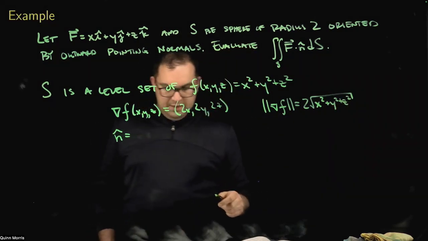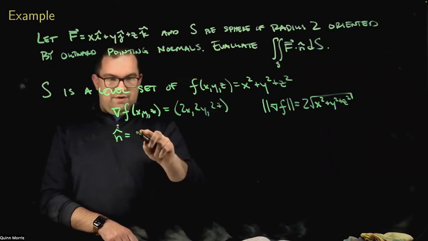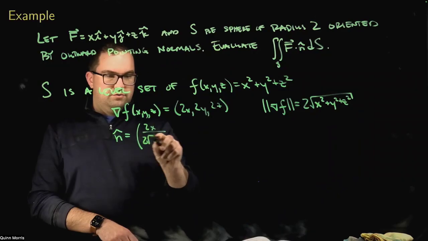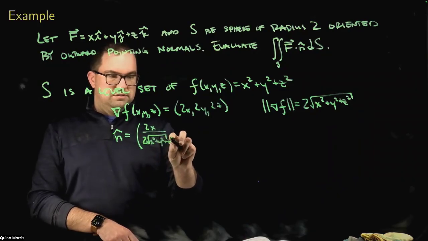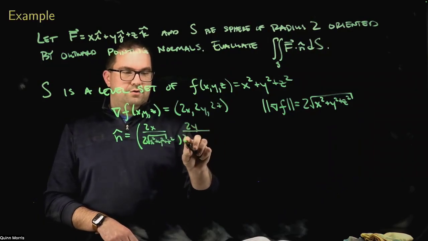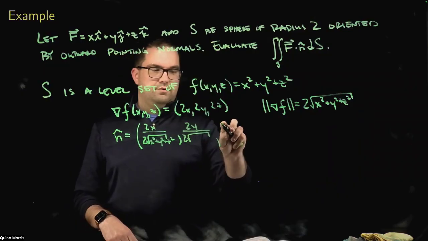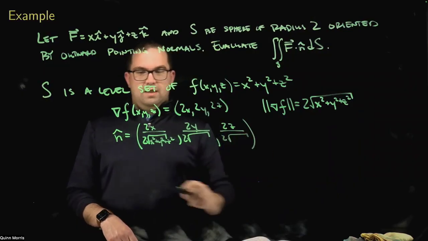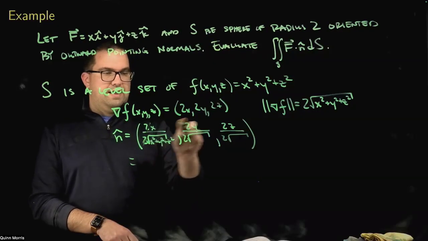And so your normal vector becomes 2x over 2 square root of x squared plus y squared plus z squared, comma, 2y over 2 times the square root, 2z over 2 times the square root. And the 2's will cancel.